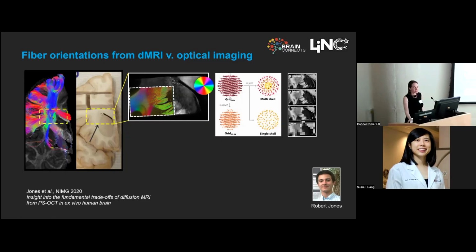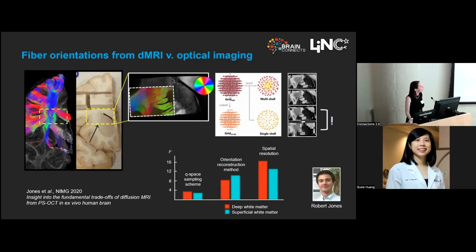Interestingly enough, we found that the most important factor was actually the spatial resolution. And the biggest jump in accuracy was when we went from 2 millimeters to 1 millimeter resolution, which is a hopeful message because that's something that we may be able to do.